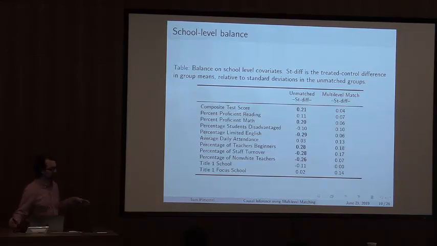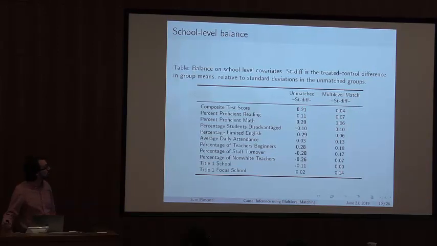If we have a good randomized trial with a large enough sample size, we don't expect to see many or hopefully any of the standardized differences this large. But in the raw data, we're seeing a bunch of them on important variables like percentage in English, past test scores. After matching, the numbers haven't gone down to zero, although they wouldn't have gone down to zero in a randomized trial either. But they're small enough that now this data looks much more consistent with what we might have seen in the randomized trial.